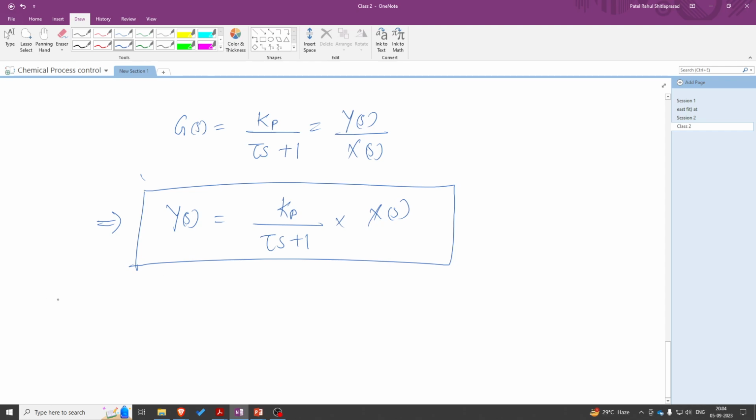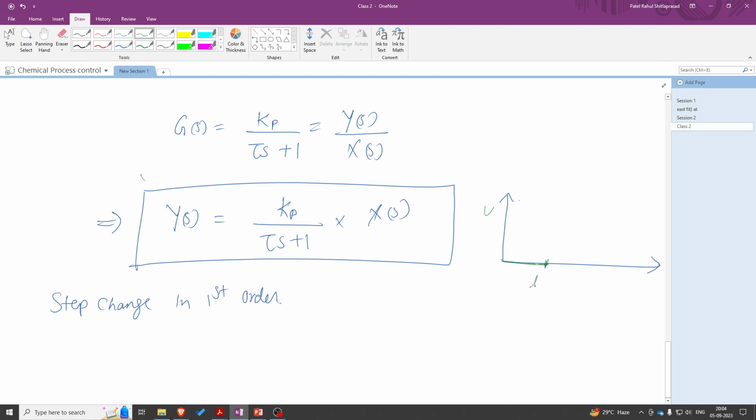Now let's say we are introducing a step change in this first order system. Let's just call the manipulated input u. So earlier my manipulated input was constant.